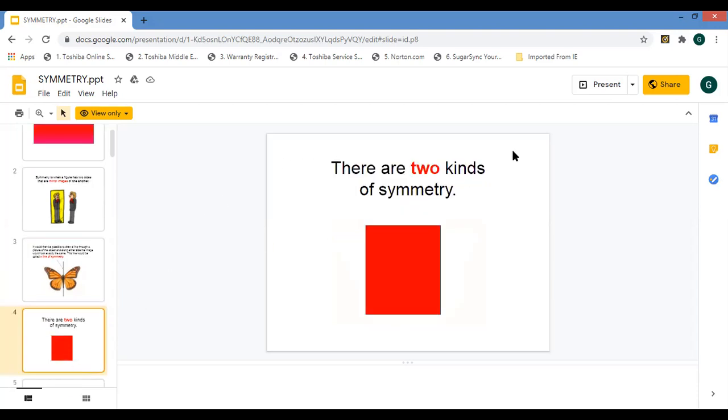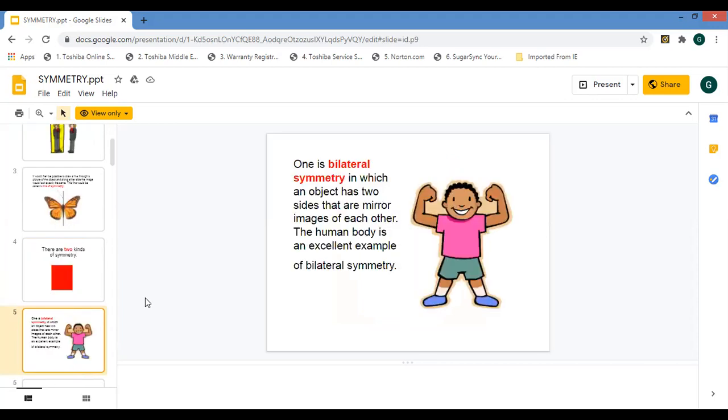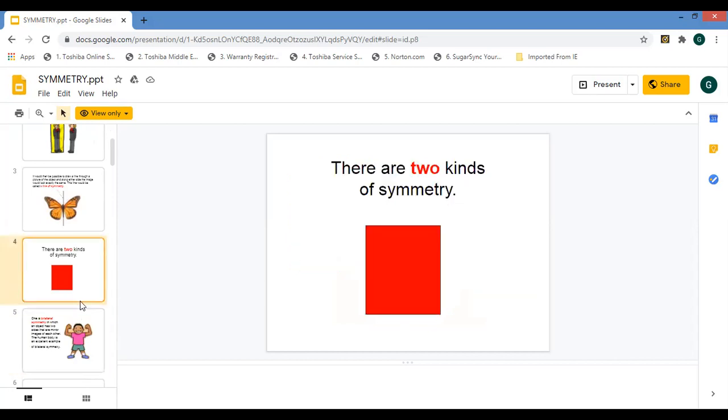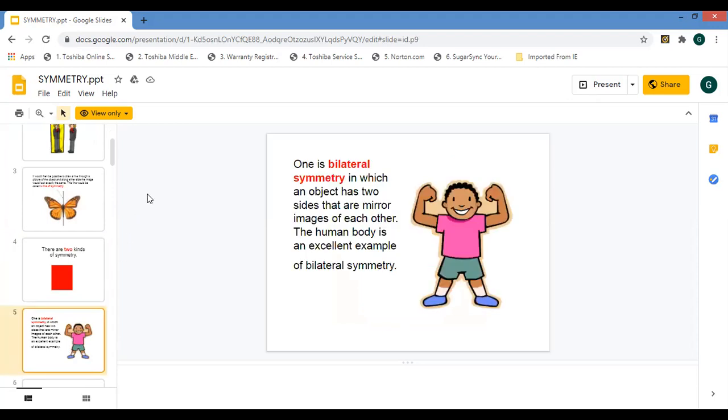There are two kinds of symmetry. As we have discussed earlier, there are many kinds of symmetries, but here we are going to study two of them. One is bilateral symmetry, in which an object has two sides that are mirror images of each other. The human body is an excellent example of bilateral symmetry. How is it an excellent example?